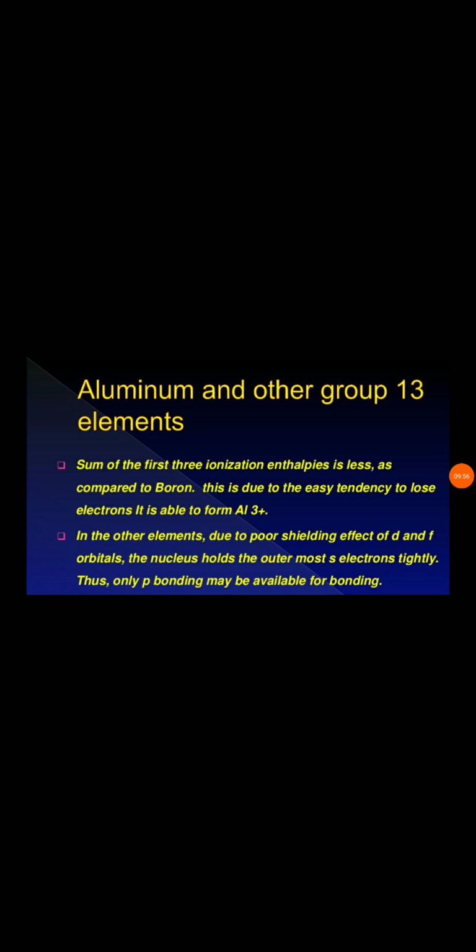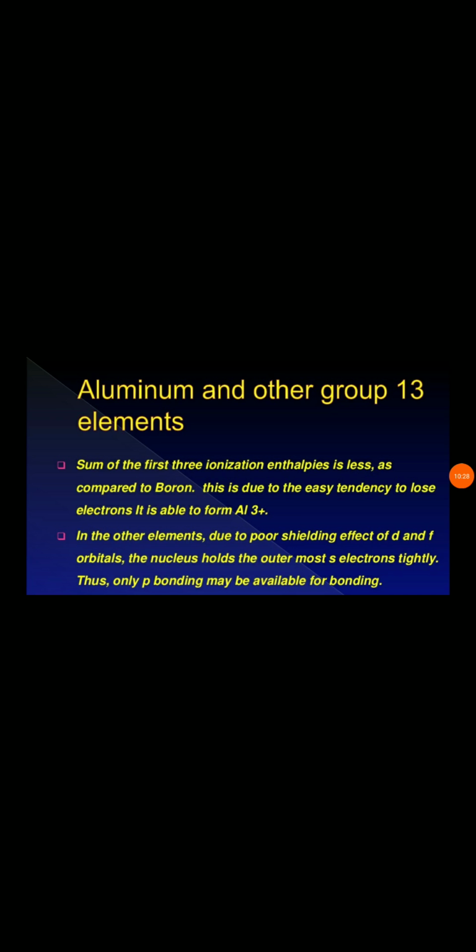But for the remaining elements, if you move down the group, size gradually increases. Size increasing means automatically a very small amount of energy is needed. So that's why the first three ionization enthalpies are less as compared to boron. This is due to the easy tendency to lose electrons.